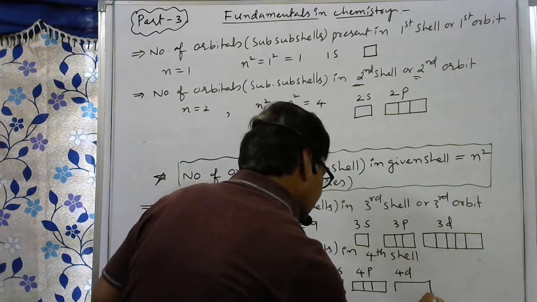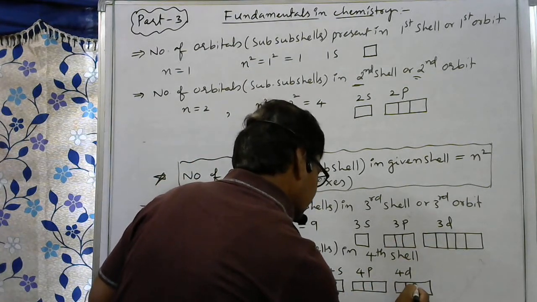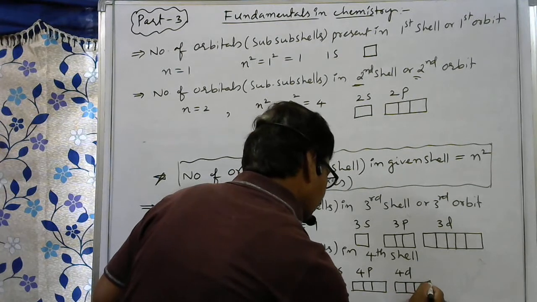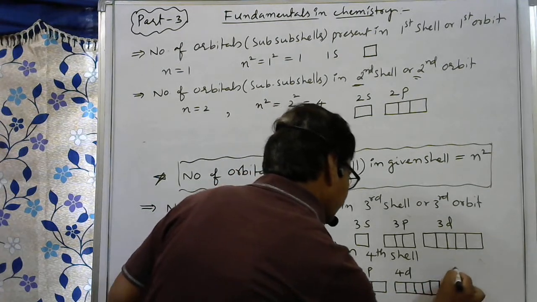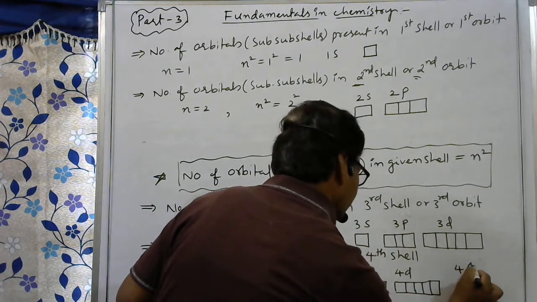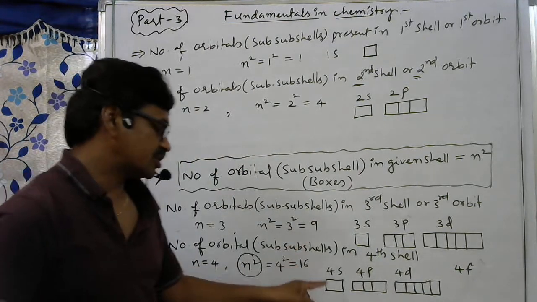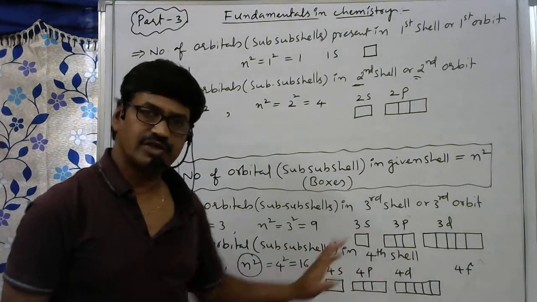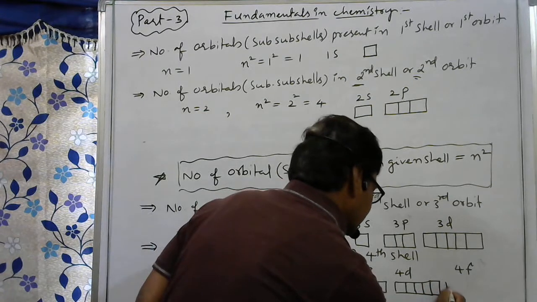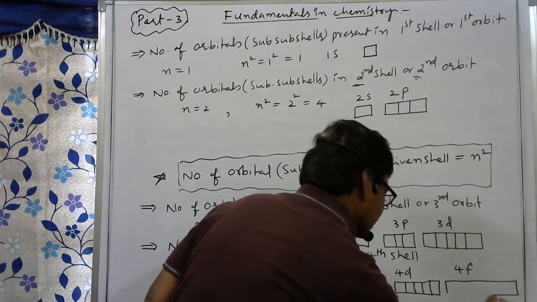This d orbital also contains how many? 1, 2, 3, 4, 5 boxes. Then 4f orbital is also present here. 4s orbital, 4p orbital, 4d orbital, 4f orbital. See, here it is 7 boxes now.